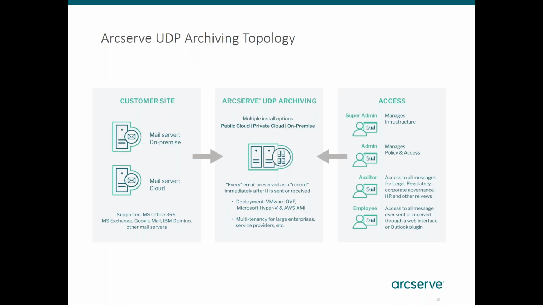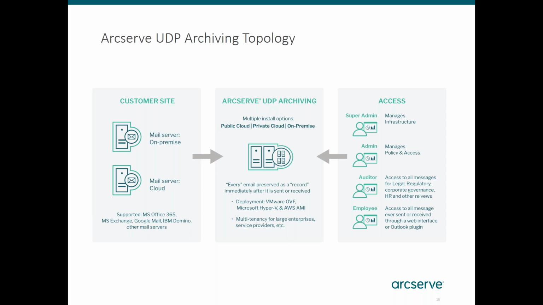Now, on this screen, which is more convenient for me to talk about, in the middle of this screen is the archiving virtual appliance. And by nature, it is a virtual appliance which can be deployed and configured within VMware, single ESXi host or vCenter, Microsoft Hyper-V, and finally we have a flavor which can be deployed in Amazon Web Services, AWS. So 3 different flavors of this virtual appliance are available at the moment.